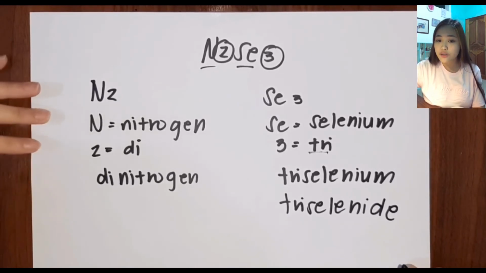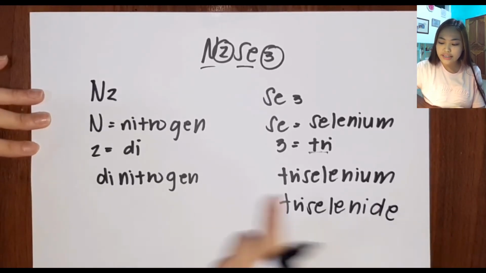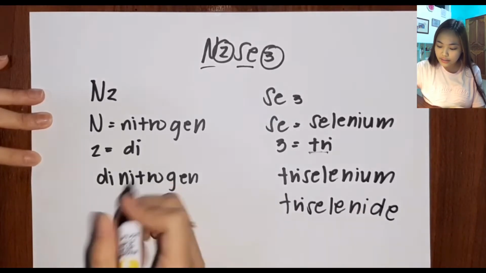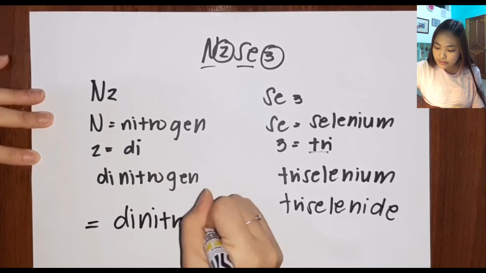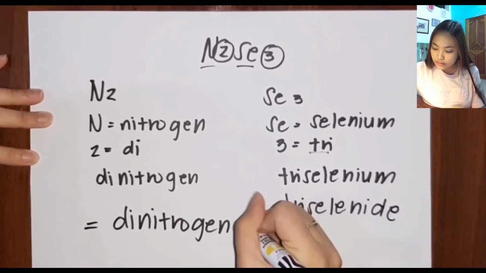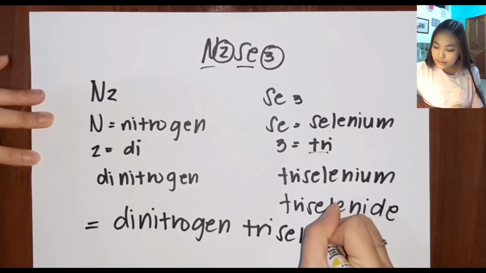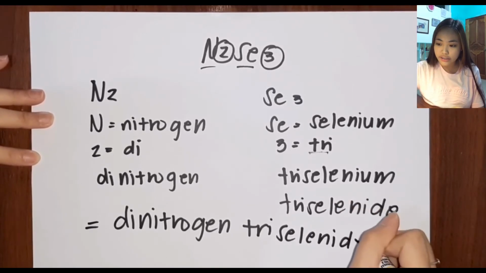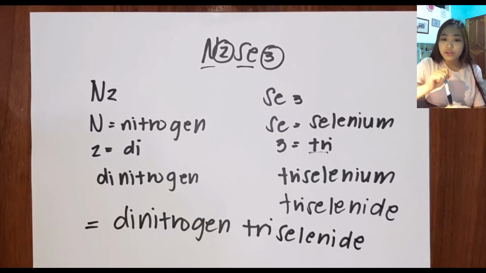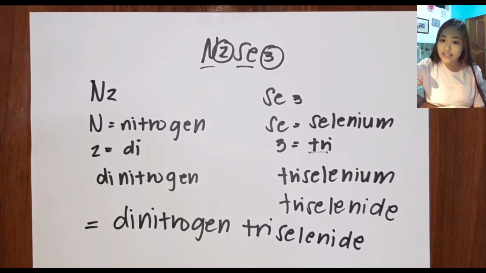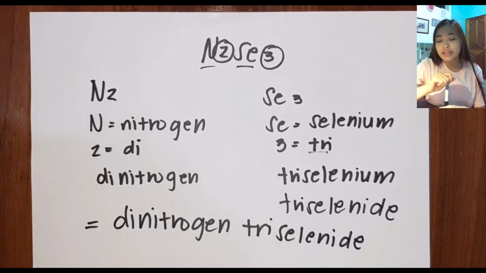The last step is to combine the two, dinitrogen and triselenide, and then we will have dinitrogen triselenide as the final answer. In addition, we should always remember to read the subscript first before the name of the element. So instead of saying nitrogen di and selenide tri, we will name it dinitrogen triselenide.